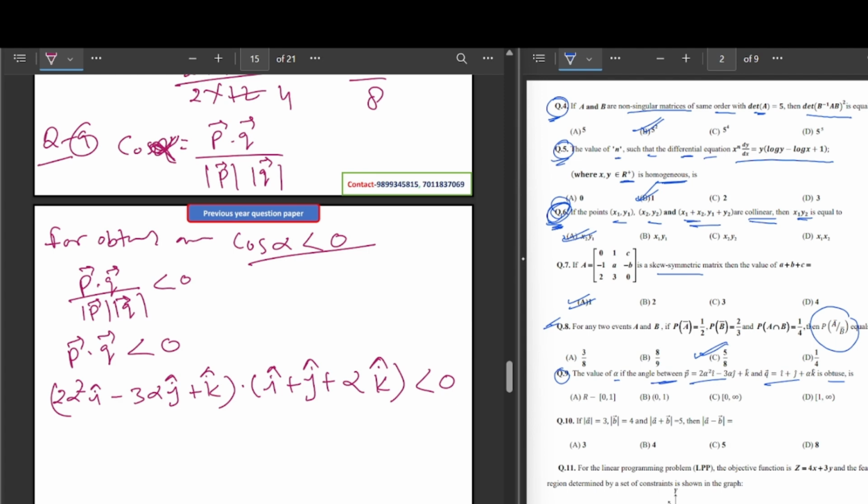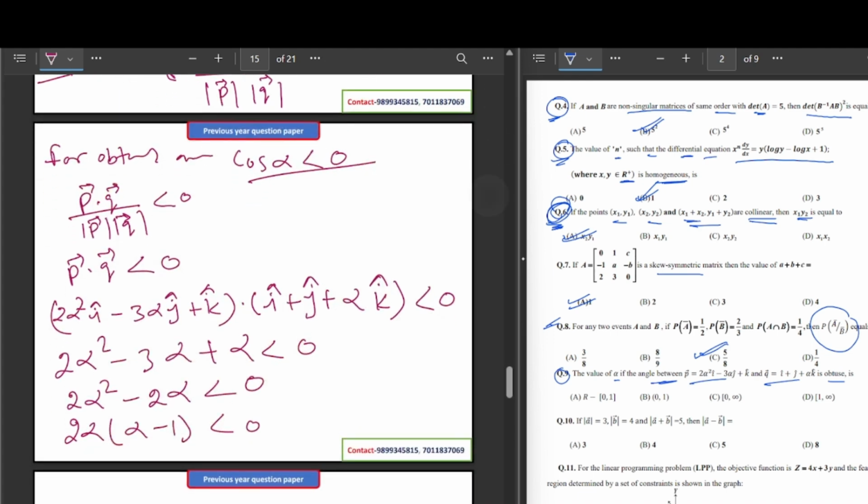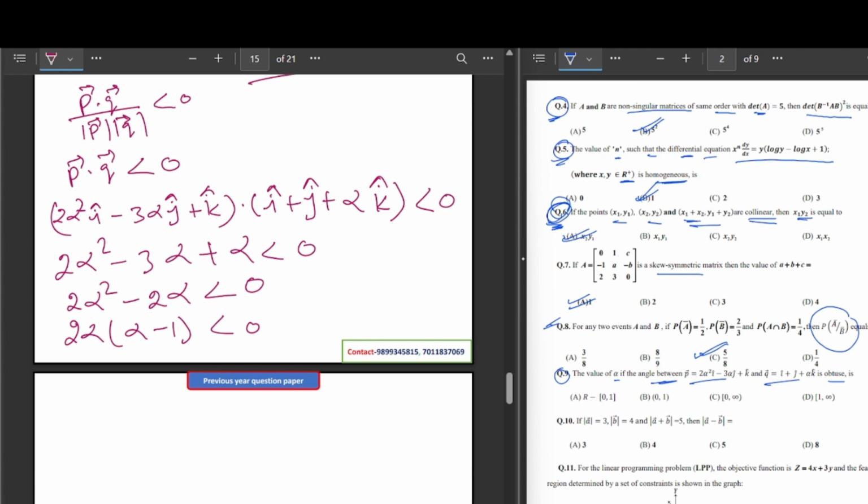So 2 alpha square minus 3 alpha plus alpha less than 0. So it will become 2 alpha square minus 2 alpha less than 0. So 2 alpha into alpha minus 1 less than 0. We can write this like that: alpha into alpha minus 1 less than 0.